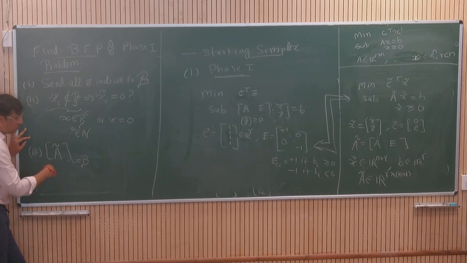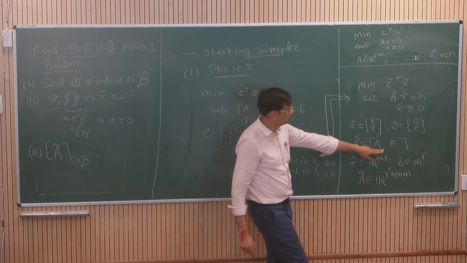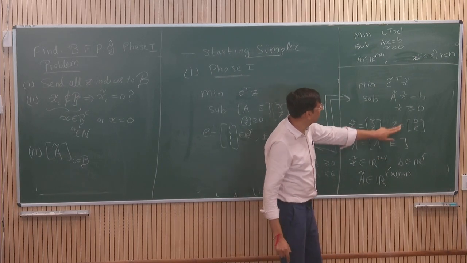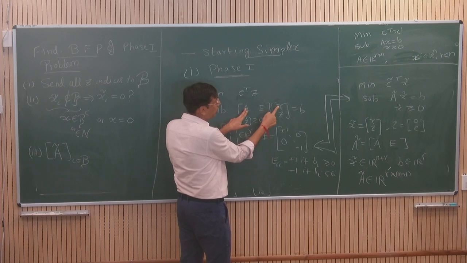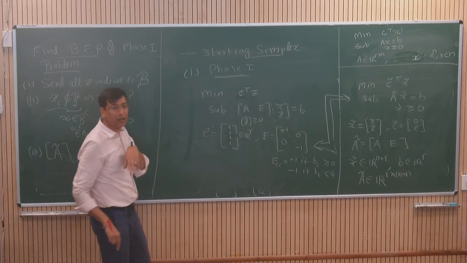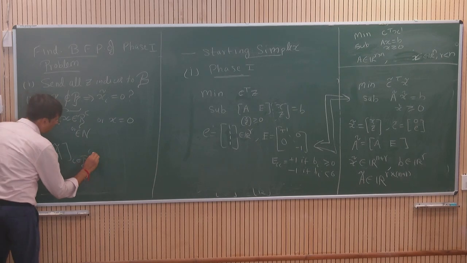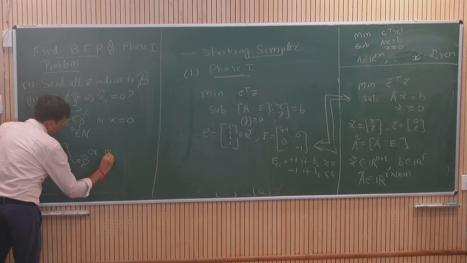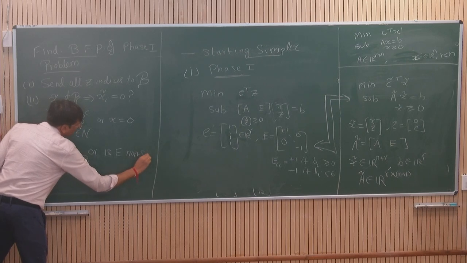Which means which matrix is this? Because E is corresponding to the Z. A is corresponding to X, E is corresponding to the Z. Everybody with me? So you have to say, is E non-singular.